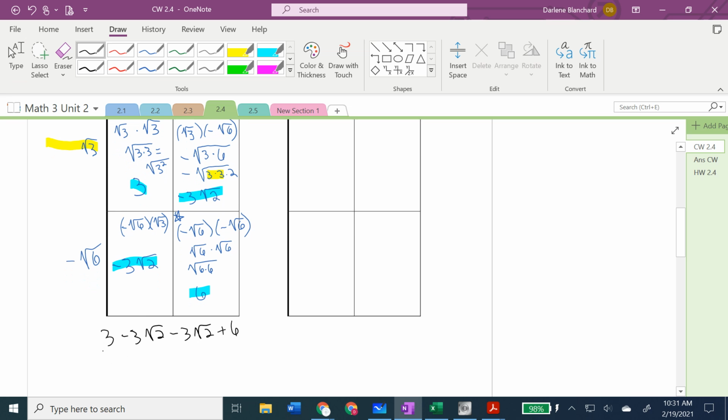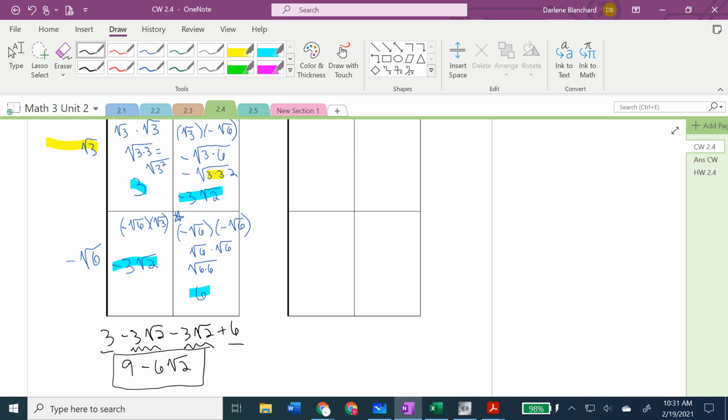And I can add my like terms together. 3 plus 6 gives me 9. And then I have root 2's. If it's the same square root, I can combine and smush that into 1. I have negative 3 root 2's minus 3 more root 2's makes negative 6 root 2's. And then you're done.